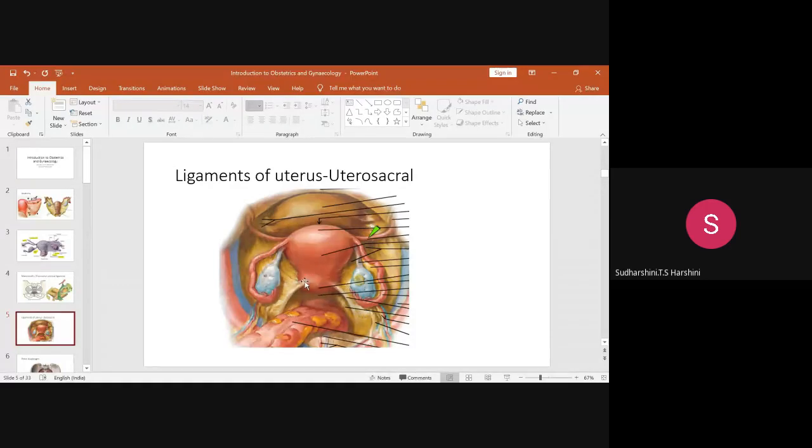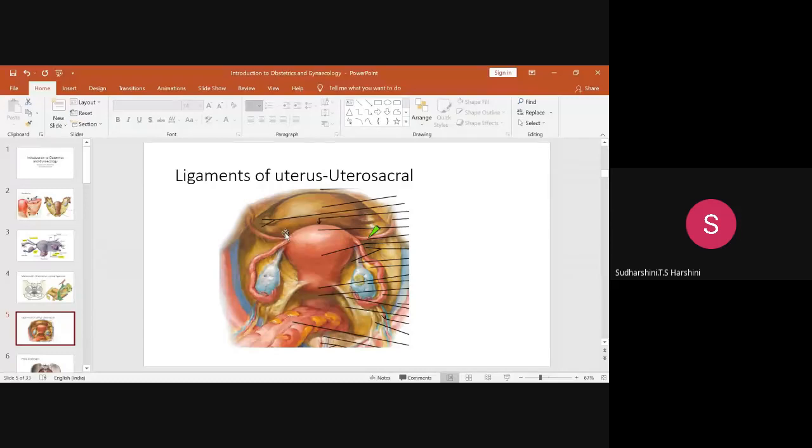This is the uterosacral from the cervix to the sacrum, from the posterior aspect of uterus and the cervix to the sacrum. And the round ligament, you know, it is the first structure in the cornua, the first most structure from anterior to posterior.